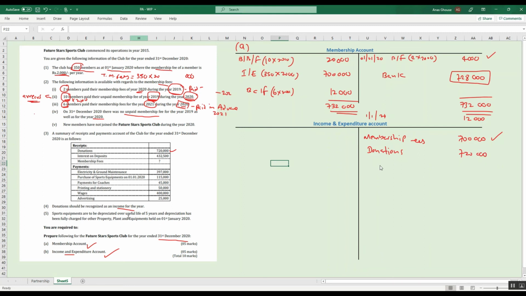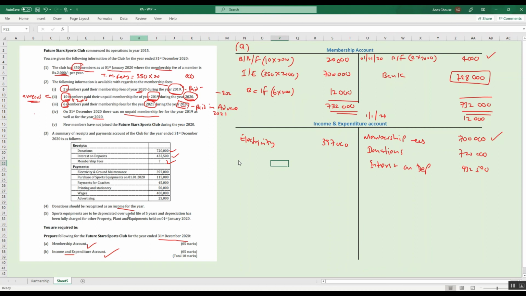Then you have interest on deposits, which is 432,500, and membership fees we have already identified. Then we have electricity and ground maintenance, so we'll take the expenses. Electricity 397,000.